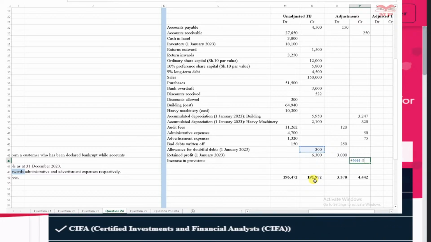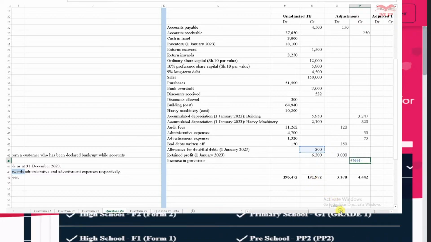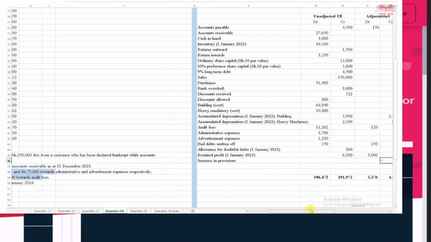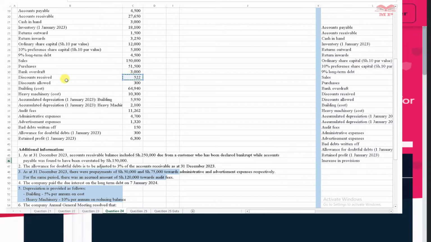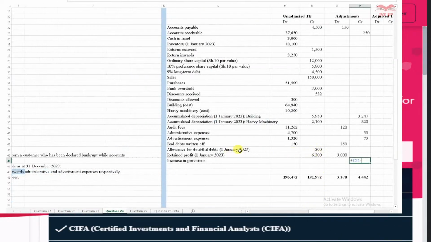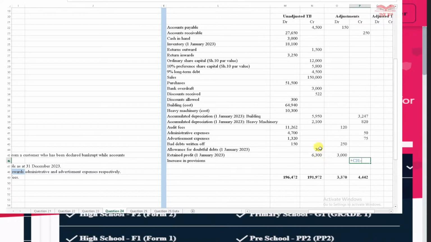Not the 300, excuse me. We pick the 522 right over here, that value of the discount received. And then we subtract this allowance for doubtful debts, 300.